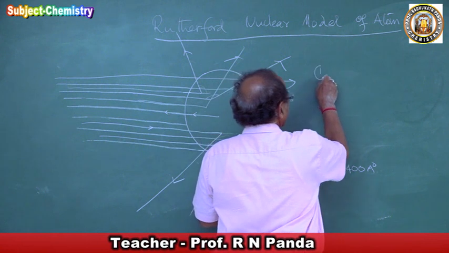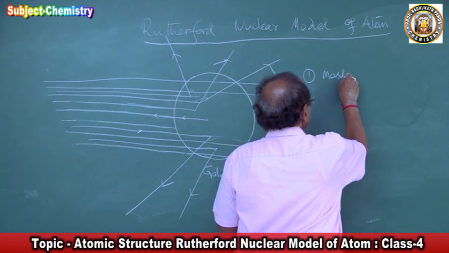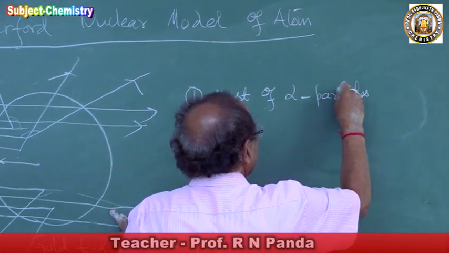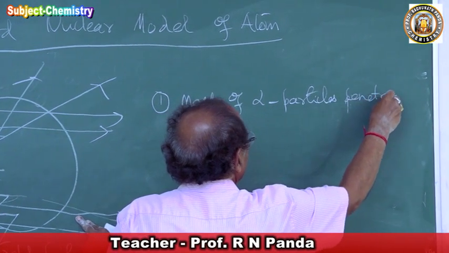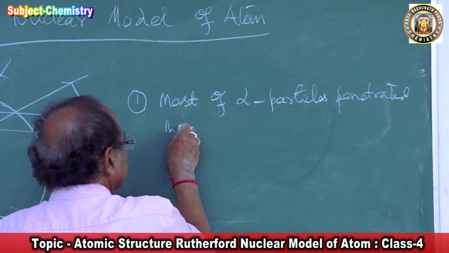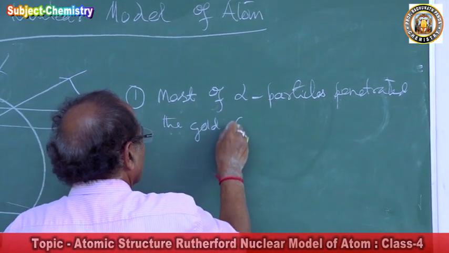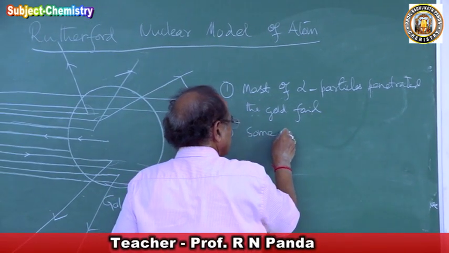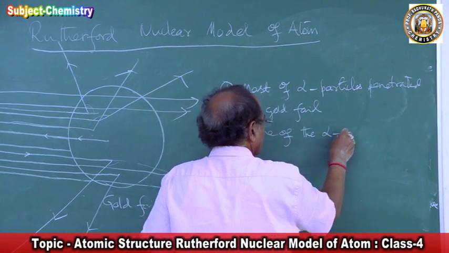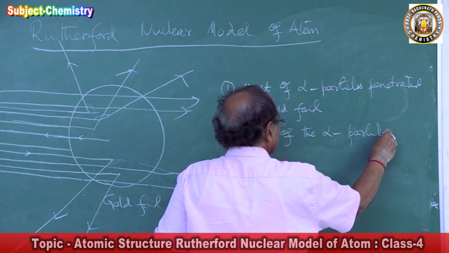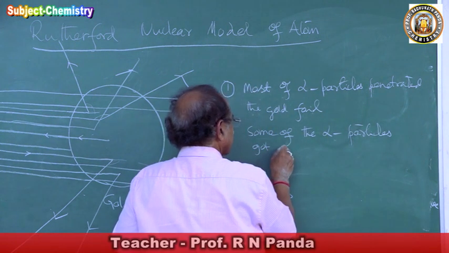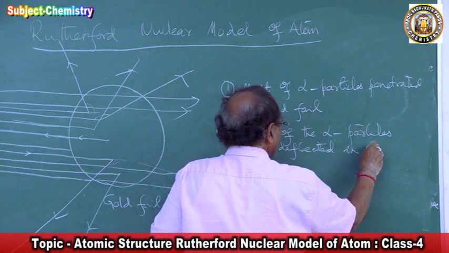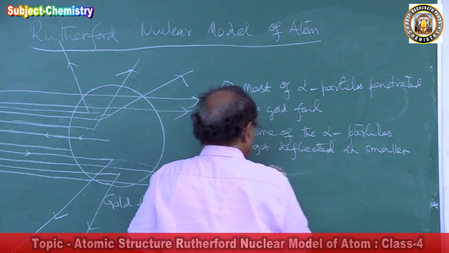What is the first observation? Most of the alpha particles penetrated the gold foil. Second, some of the alpha particles got deflected in smaller and larger angles.